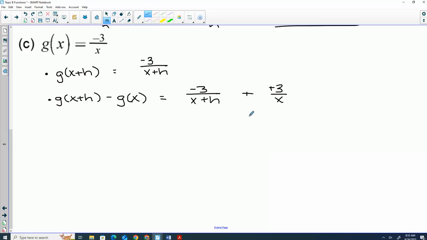If you want to add fractions, what do they have to have? Common denominator. Why is it annoying? So this first one, what would you have to multiply by on top and bottom? And this one's going to get multiplied by?